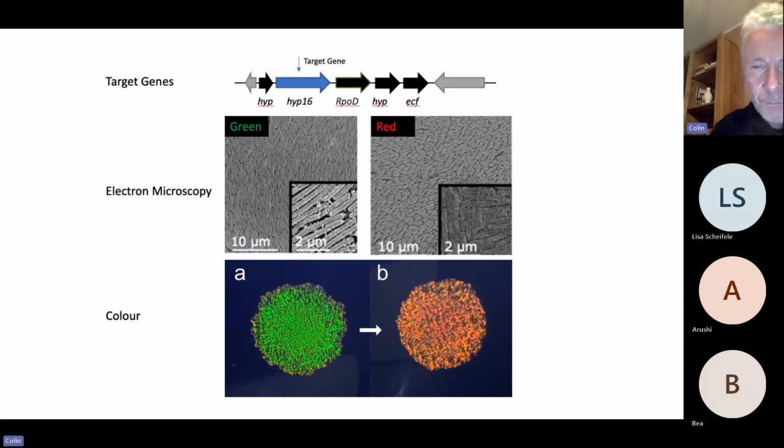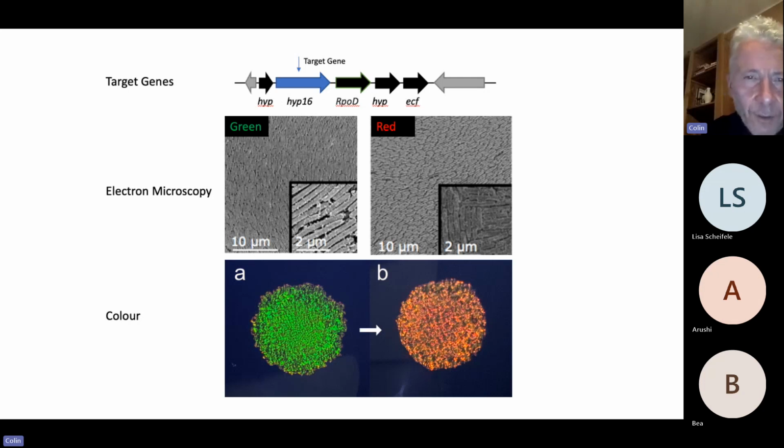This is actually quite an old example, but I'll give it because it's the cleanest example. For example, we have a gene which we call HYPE16. That's because we haven't in detail a clue what it does. It's not a gene with any really obvious known function when you look in the database. That's quite common in structural color, and that's nice, because it's interesting that there's new stuff here.